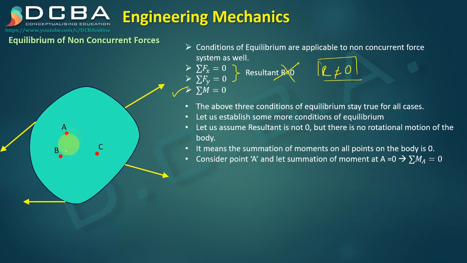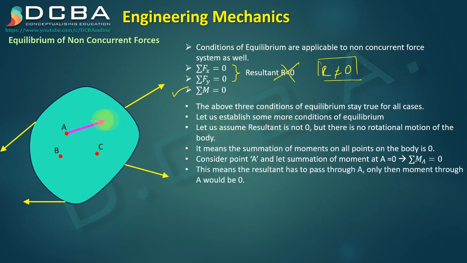So when I say that summation of moment at A is 0, and I also know that my resultant is not equal to 0, therefore it means that my resultant has to compulsorily pass through A. See, the reason being that if this is the point A and I know that summation of moment here is 0, and if resultant does not pass through that point, it means that my resultant is now making a certain distance from point A. So R into D is going to be a moment acting at point A, which goes against this point, that summation MA equals to 0, right?